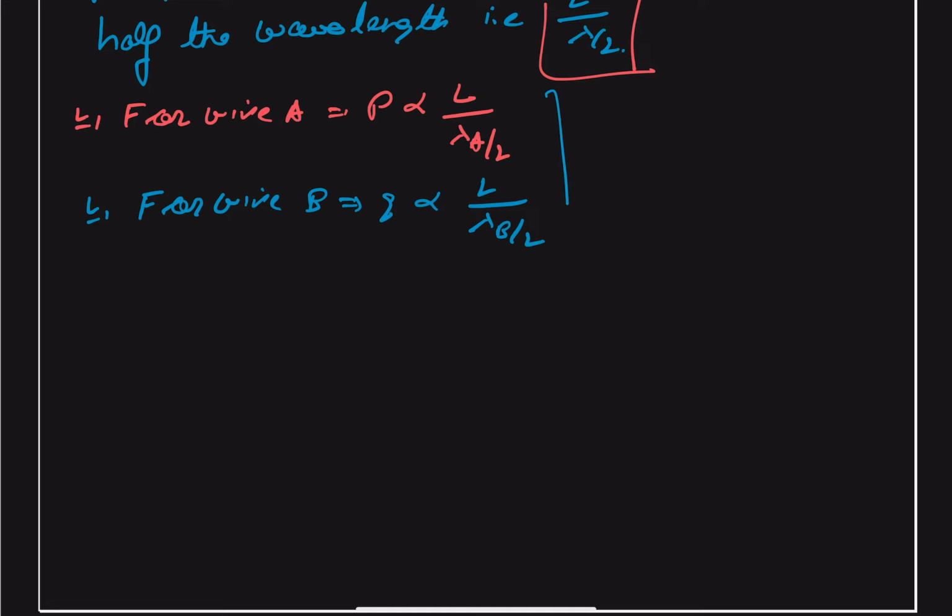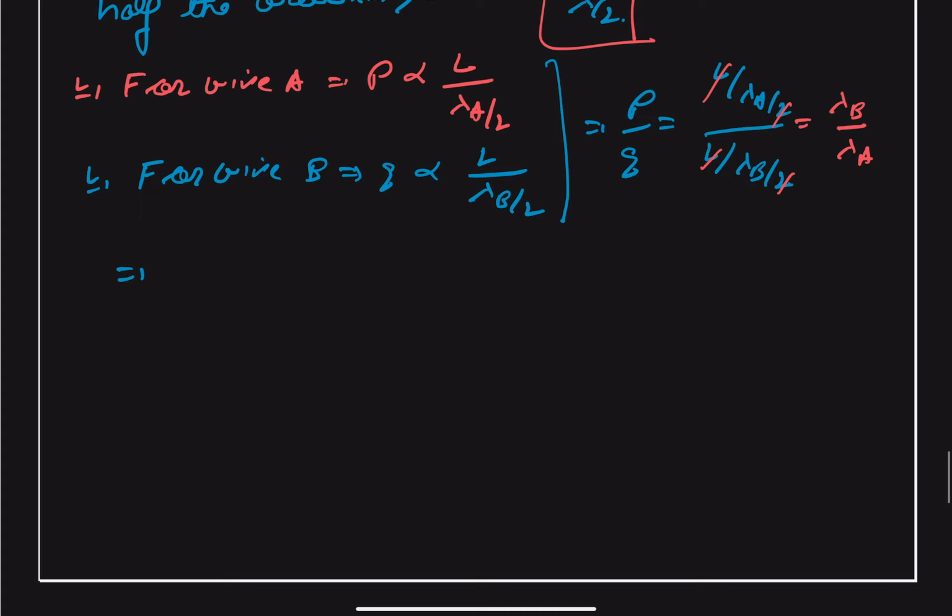And from here we can write that P upon Q is equal to L upon lambda A by 2 divided by L upon lambda B by 2. Here the length and 2 cancel out, and this comes as lambda B divided by lambda A.